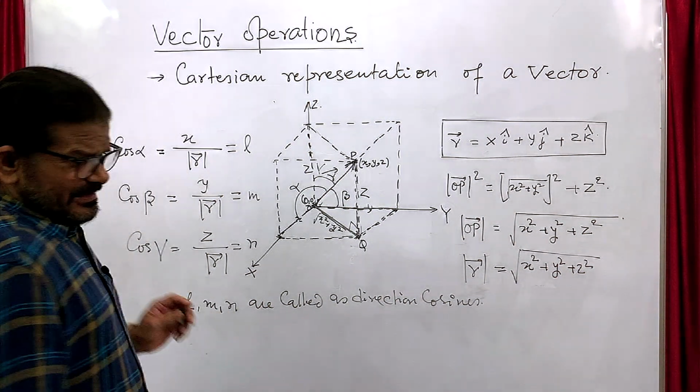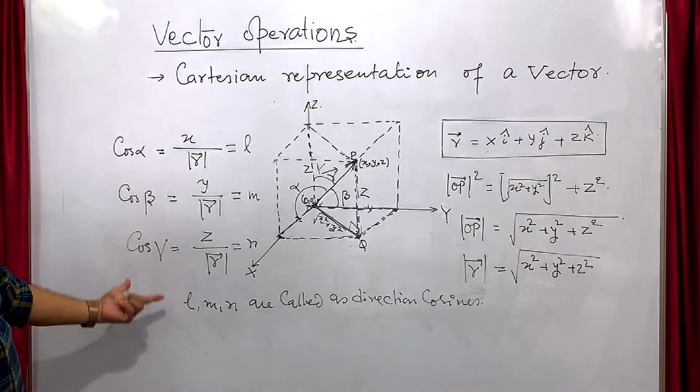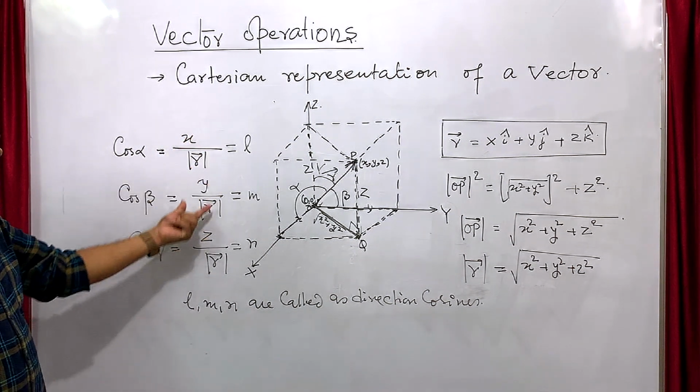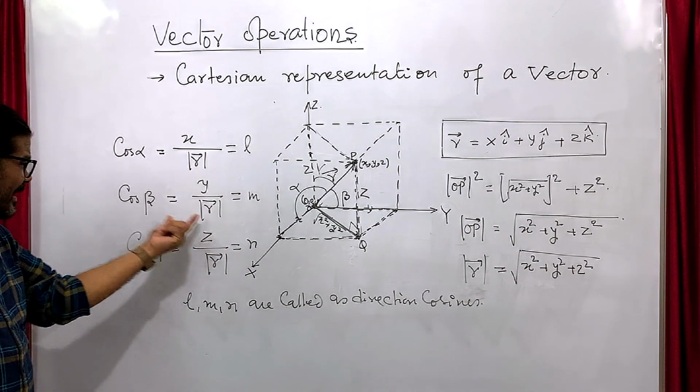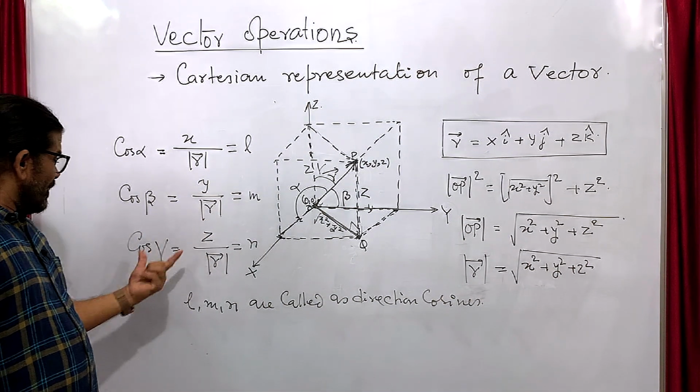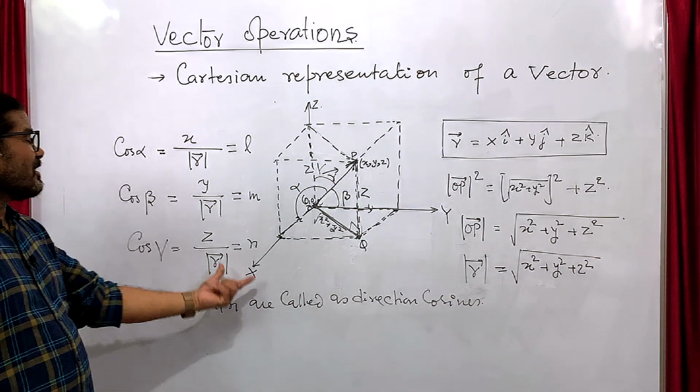Now, cos alpha is equal to x by the magnitude r, cos beta is equal to y by the magnitude r, and cos gamma is equal to z by r.